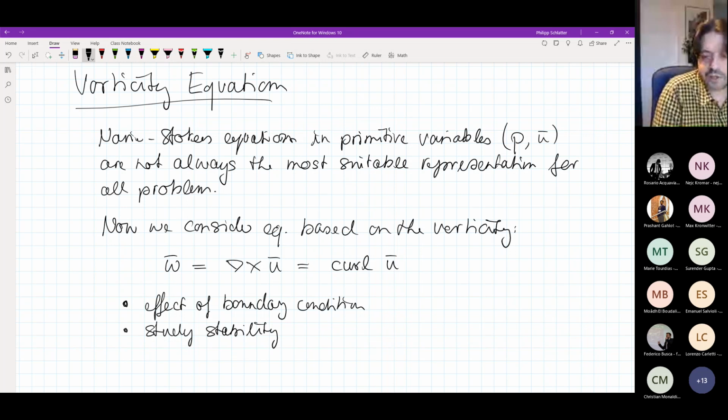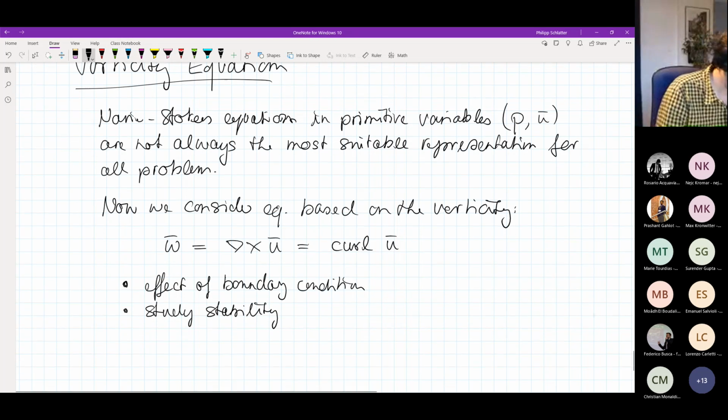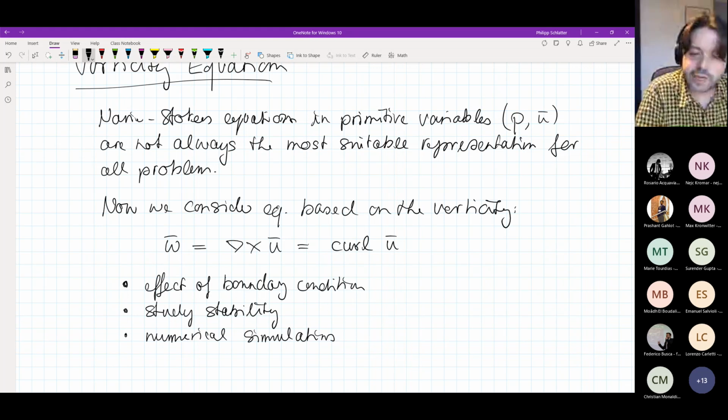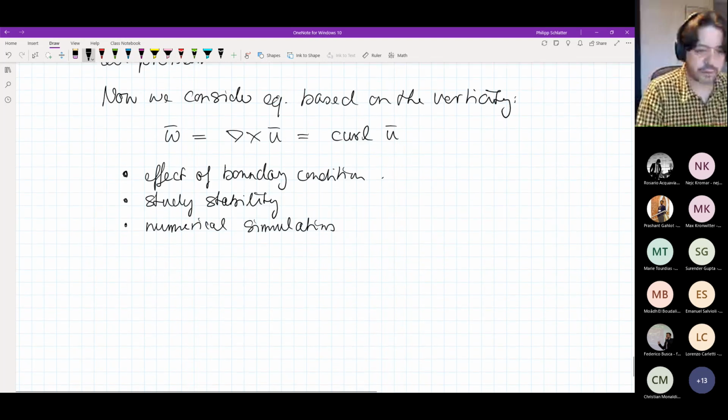We will see later on that we will use a so-called velocity-vorticity formulation. And it also turns out that for numerical simulations, the vorticity formulation has some advantages that can be used at times. Not only advantages, because you then have issues with the boundary conditions, which we also mentioned here, but in certain circumstances it is actually a good way.